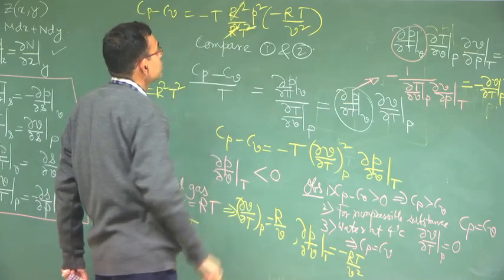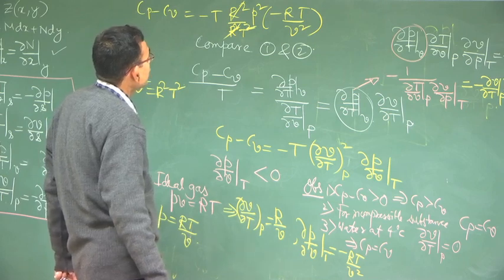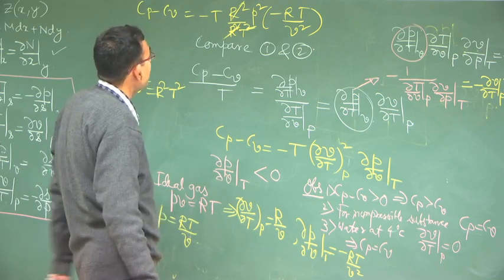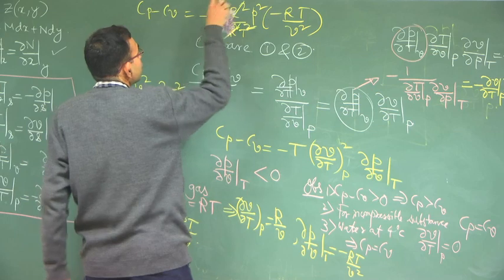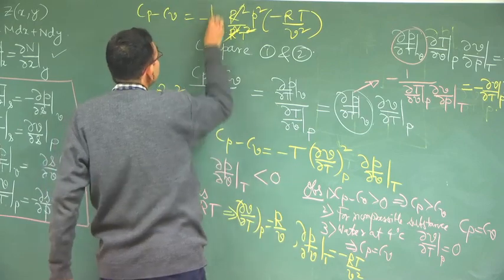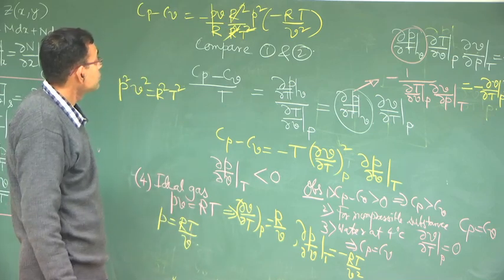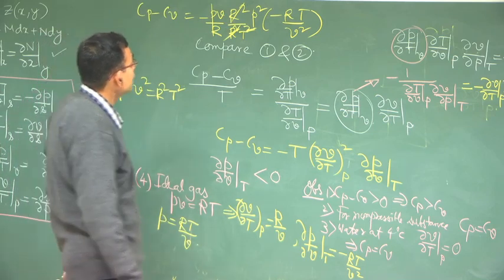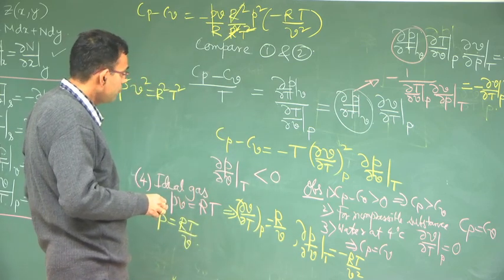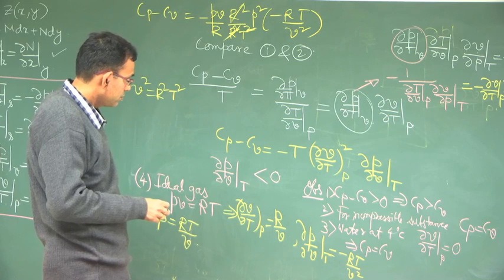So, you can cancel these terms. I think del V del T at constant pressure is R by P, just check once.